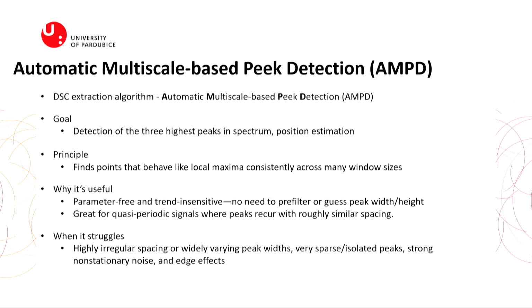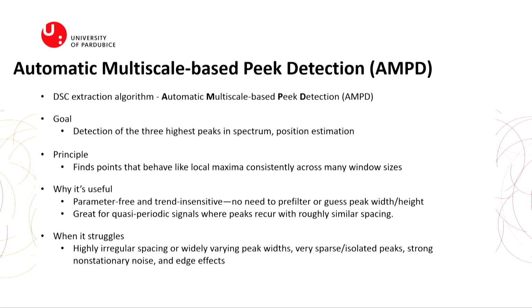And this AMPD, I will show the authors on the next slide, we are not the authors of this algorithm. This algorithm was presented, publicly available, in 2012, and the goal of this algorithm is detection of highest peaks in a spectrum or position estimation and so on.